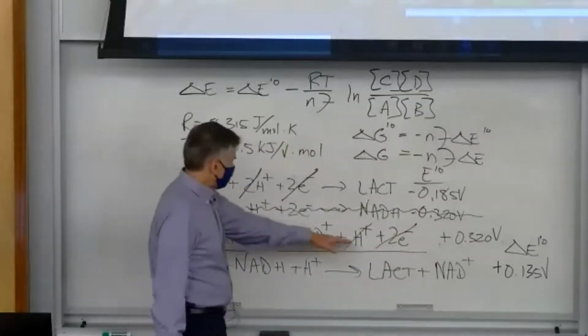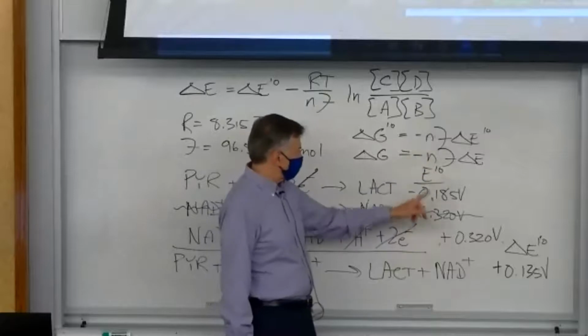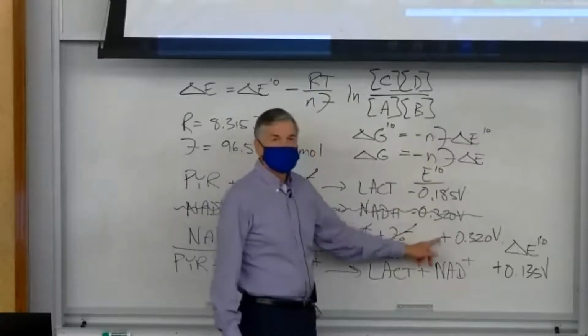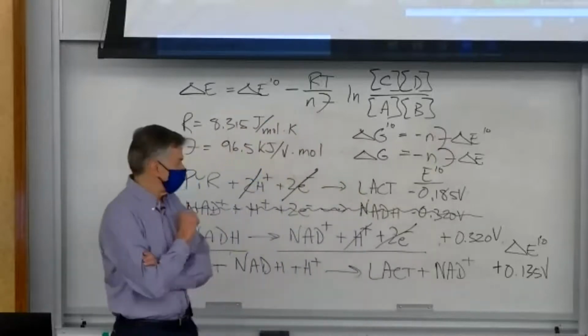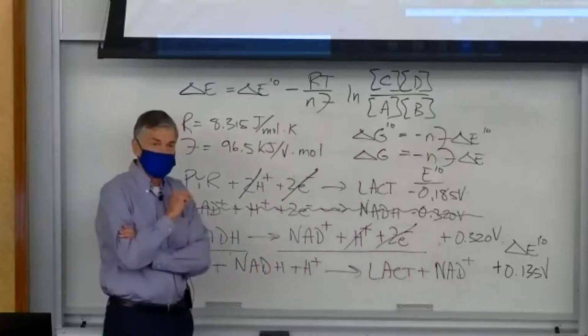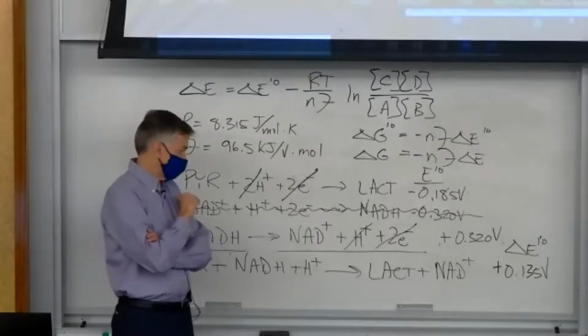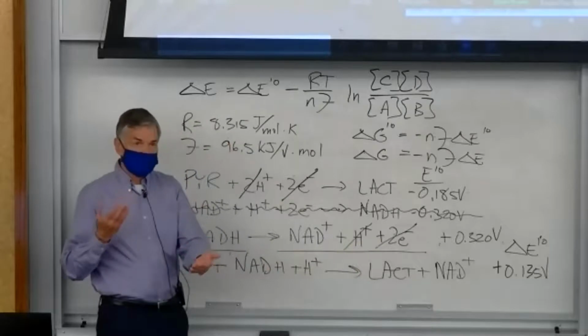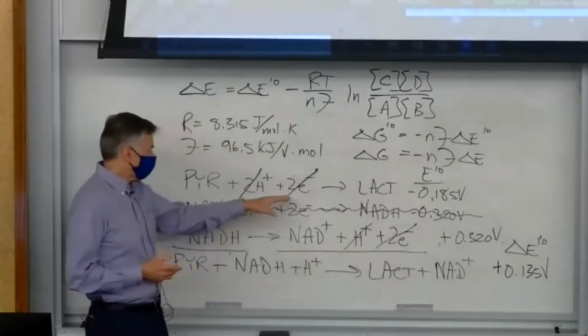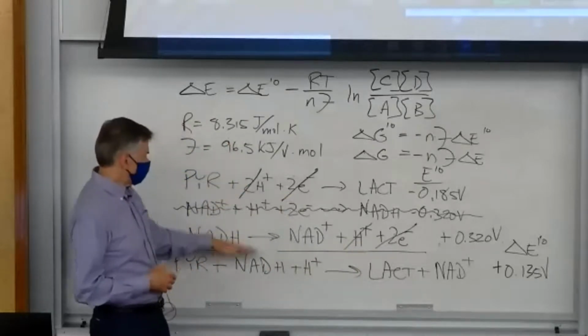Once I've reversed this reaction, I need to change the sign for this because it's no longer a standard reduction potential, but represents a standard oxidation potential. Provided I have the same number of electrons transferred, I can simply sum the 2.